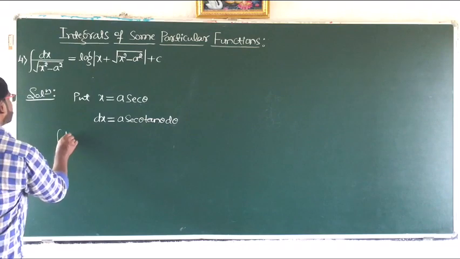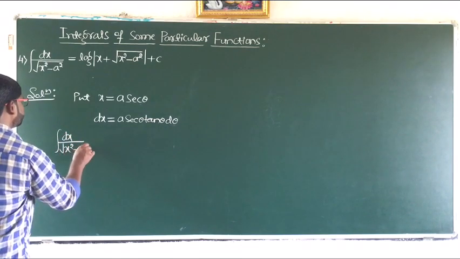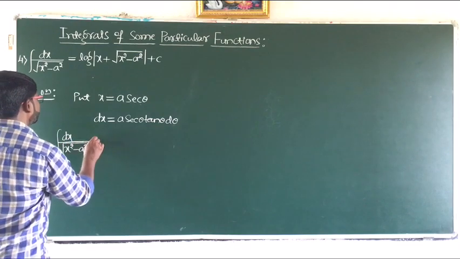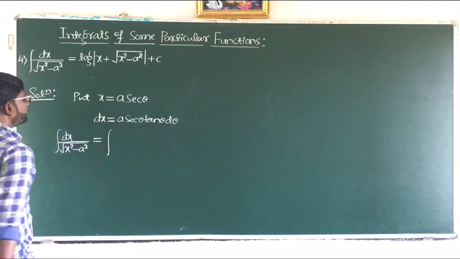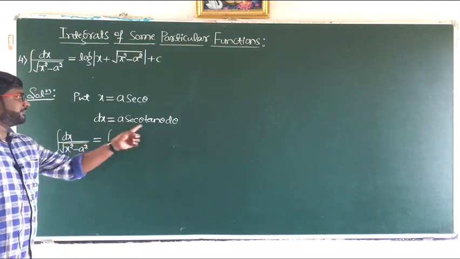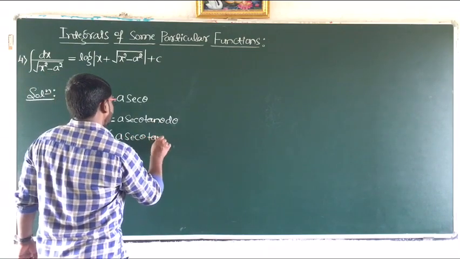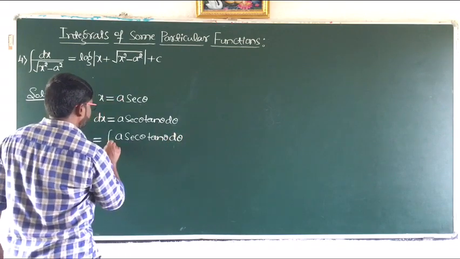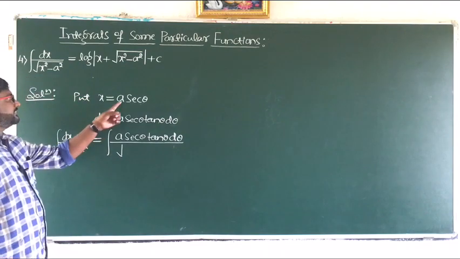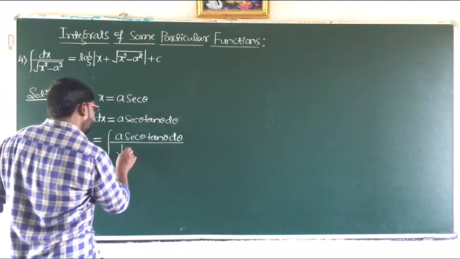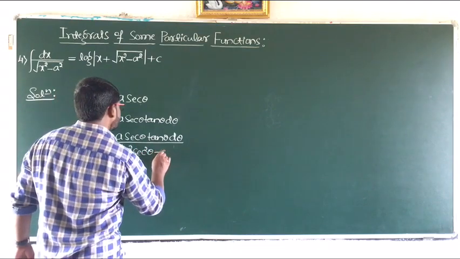It is integral dx by under root x square minus a square, where dx can be replaced by a secant theta into tan theta d theta, divided by under root a square secant square theta minus a square.